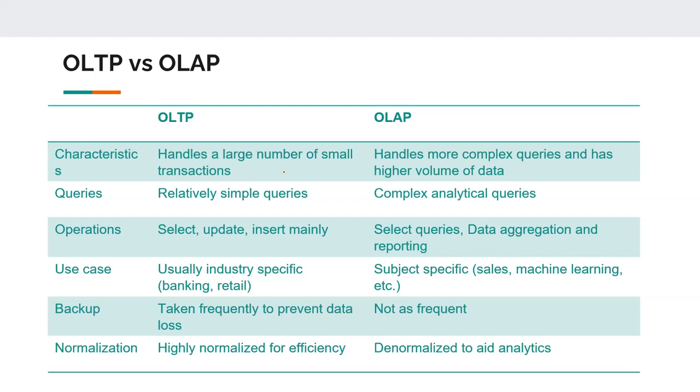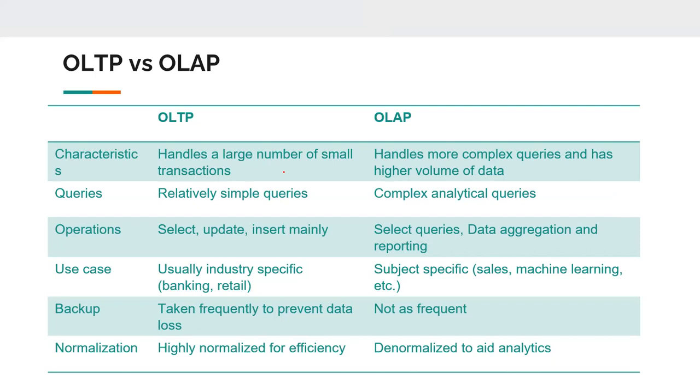The OLTP query is relatively simple, while the other is complex analytical queries. Most operations on online transactional processing are select, update, and insert, mainly changes on the database, while this one is designed for select queries, data aggregation and reporting.